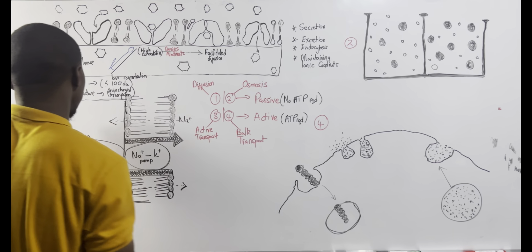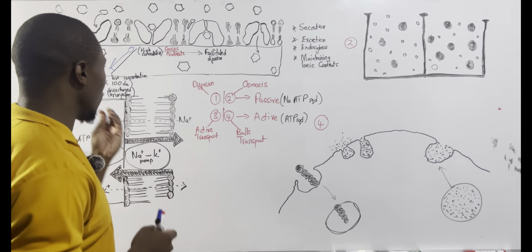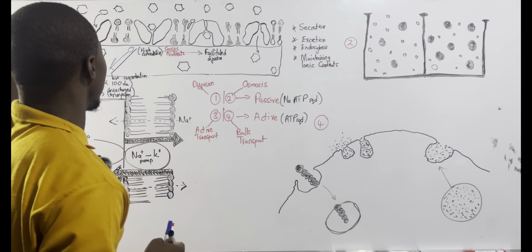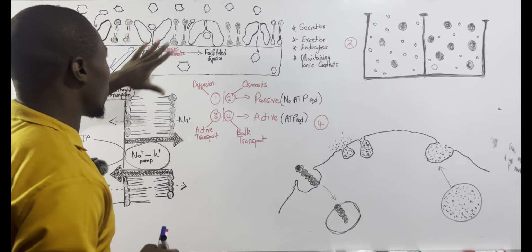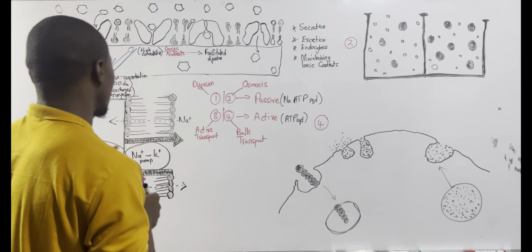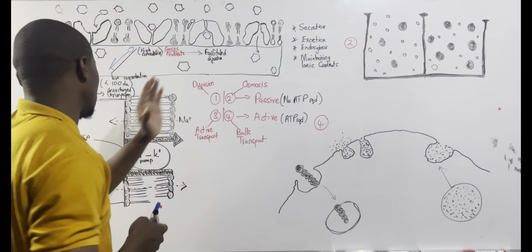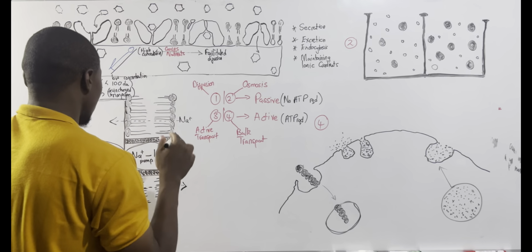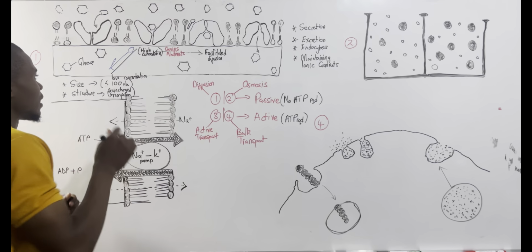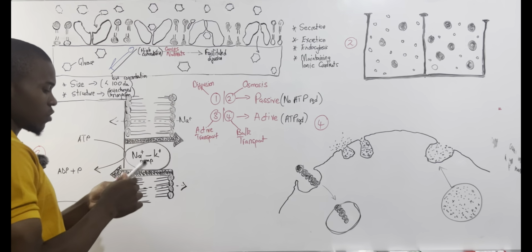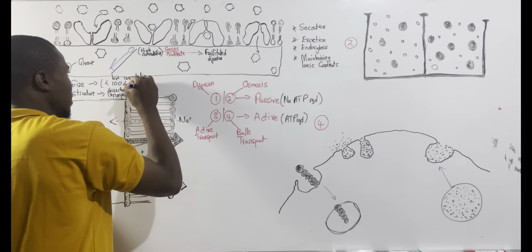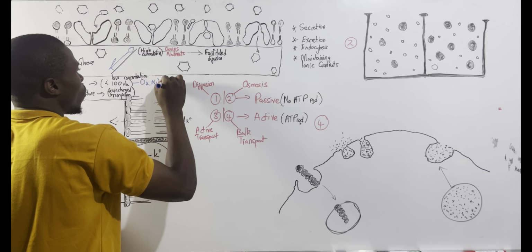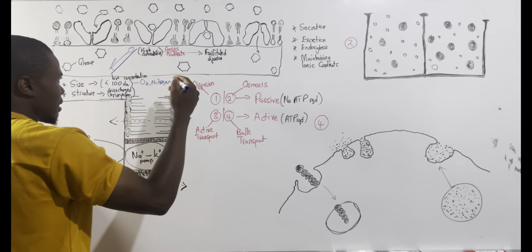So in terms of size and structure, for a molecule to pass freely through the cell membrane without the need of a carrier protein, it has to be less than 100 Daltons, and its structure should be uncharged and non-polar. So let's give examples for each. For anything less than 100 Daltons, for example, we have gases like oxygen and nitrogen. These are very small in size.